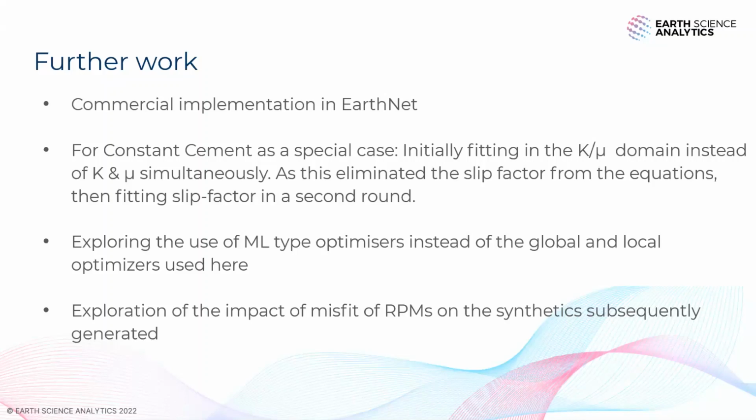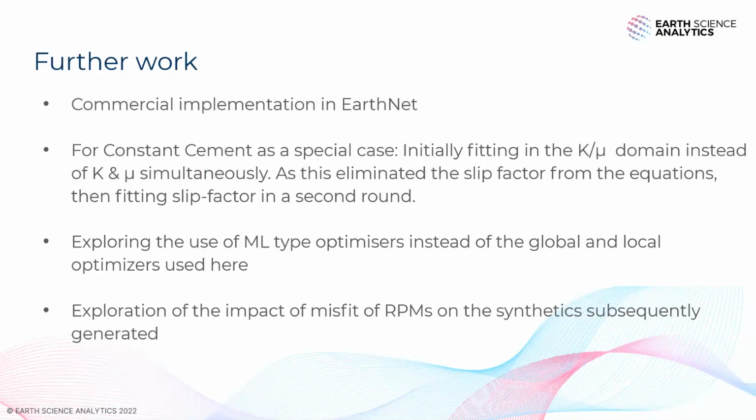Then afterwards, we have to do a two-domain, one-dimensional fit to fit the slip factor. But doing those two fits sequentially is going to be computationally simpler and less time-consuming than doing the two-domain, five-dimensional fit altogether. So that should speed things up.